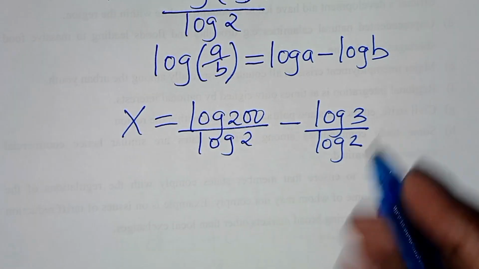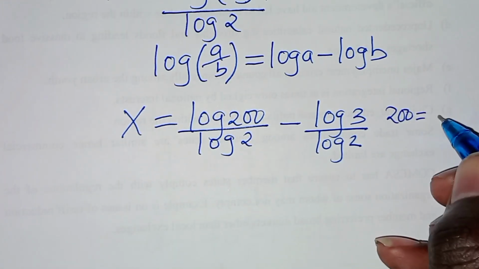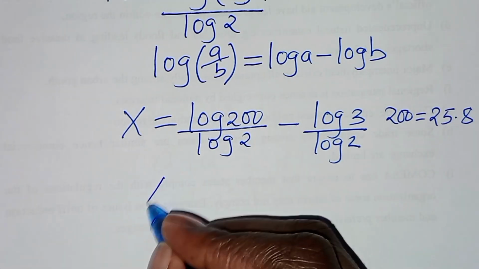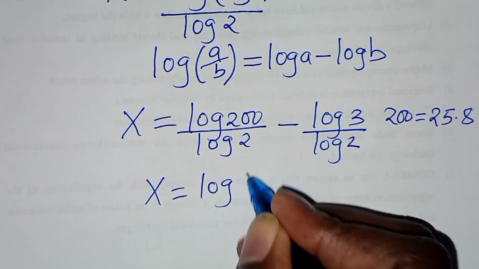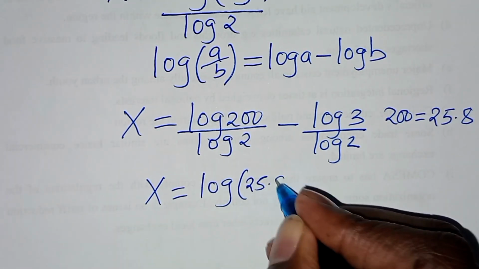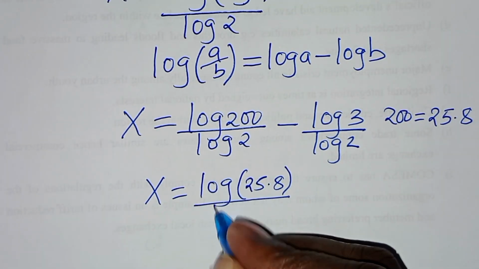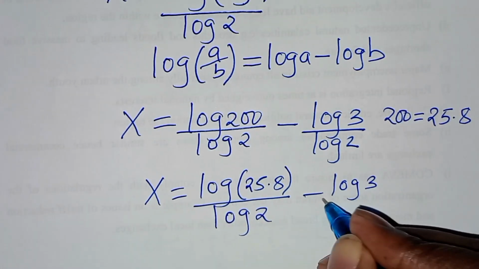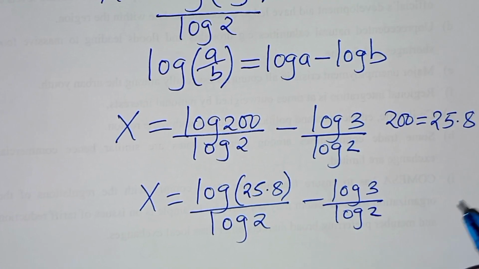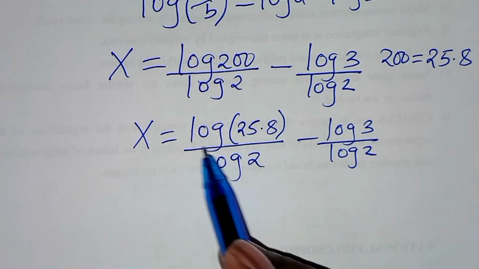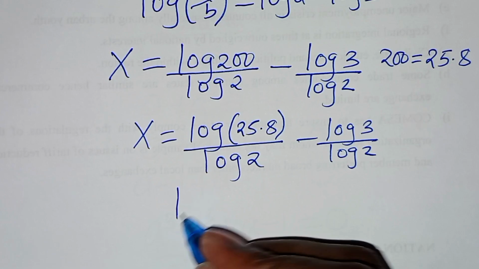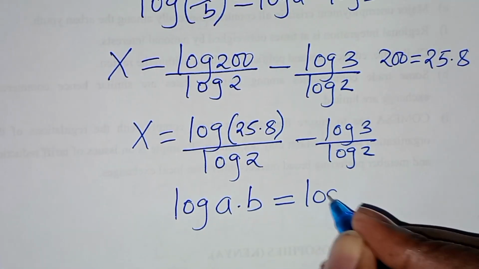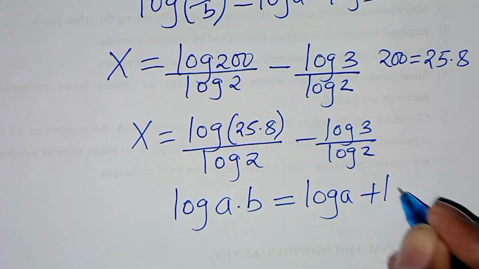The next step, we can express 200 basically as 25 times 8. So here we have x is equal to log 25 times 8, all this divided by log 2 subtract log 3 divided by log 2. So log 25 times 8, this is in the form of log a times b, which we can express as log a plus log b.